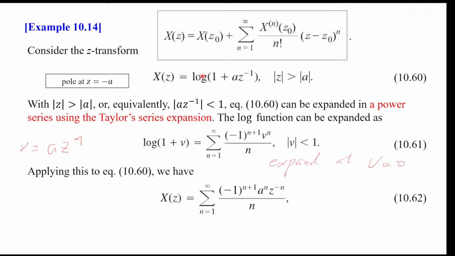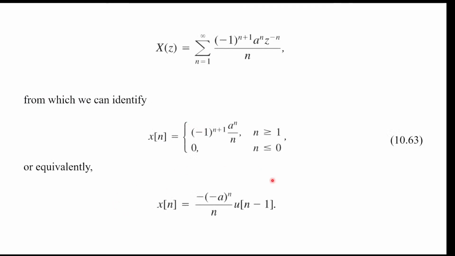This time we expand in terms of a z to the minus 1, and then we use the Taylor series expansion of log of 1 plus b. Once again, we get a power series expansion of X of z, and we can get our x of n out of it.